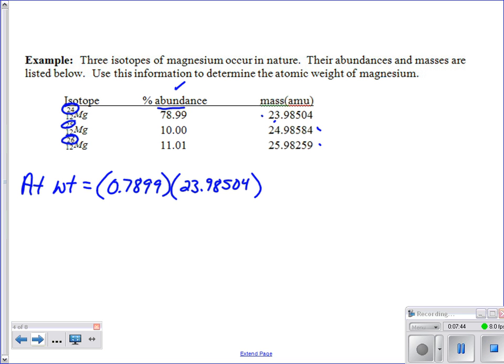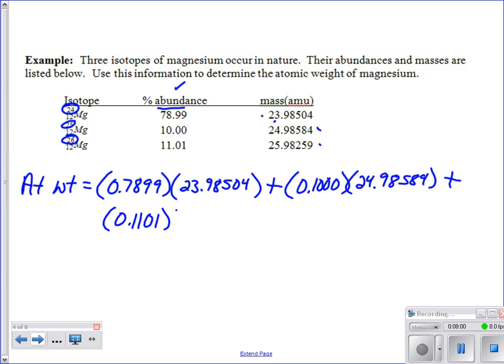What that says is you have to do that for all of them and add them up. So here we're going to continue: 0.1000 times 24.98584 plus 0.1101 times 25.98259.